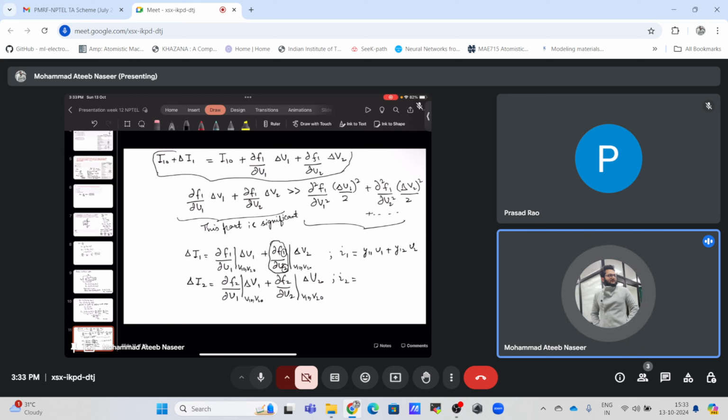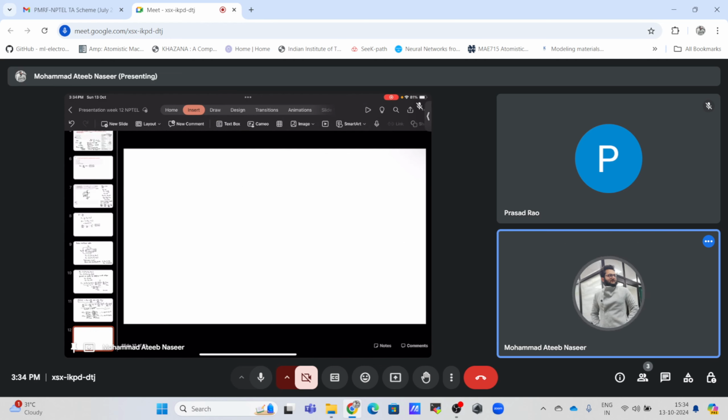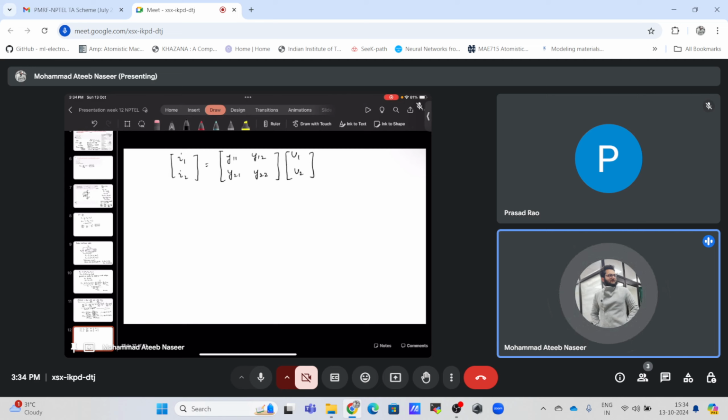Similarly, I2 will be simply y21 v1 plus y22 v2. If we write this in matrix form, it will be I1, I2 equals y11, y12, y21, y22 times v1, v2, where these are the incremental changes in the voltages.